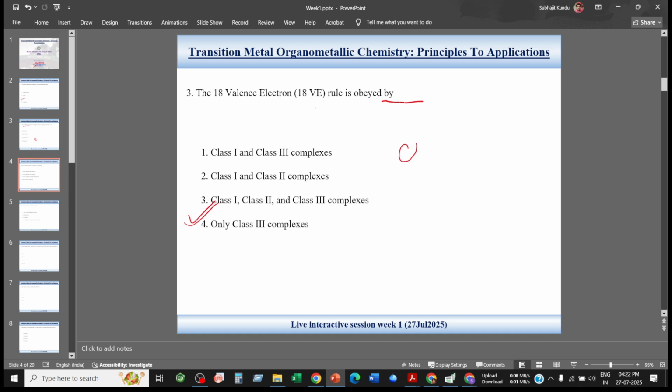So generally the numbers below 18 can be class 1 or class 2, can be both. That's why the 18 valence electron rule is specially designed for the class 3 complex. So option 4 will be the right answer.